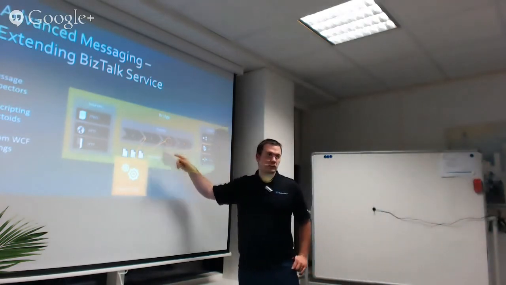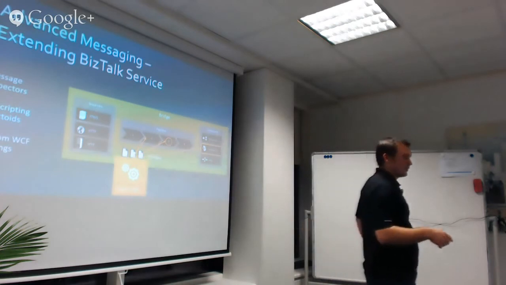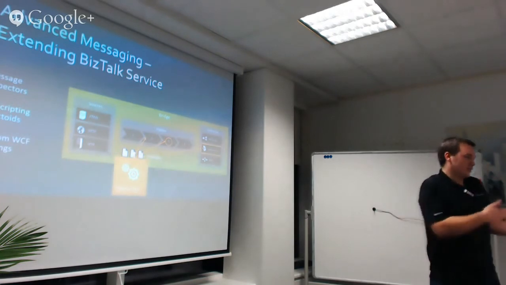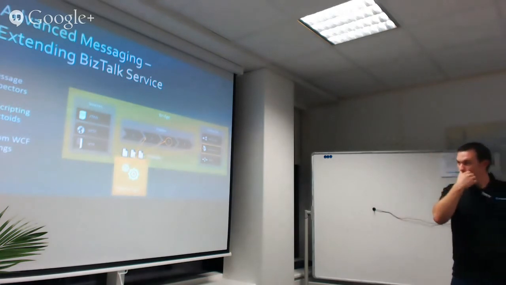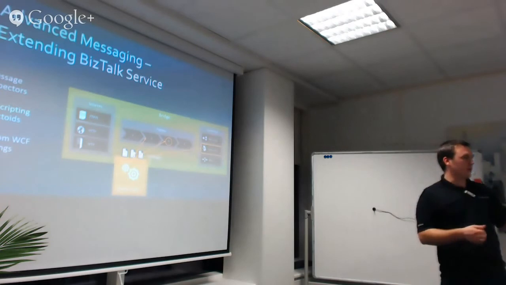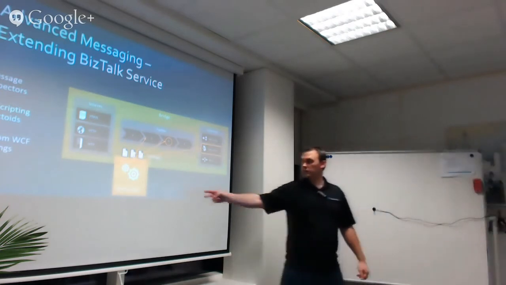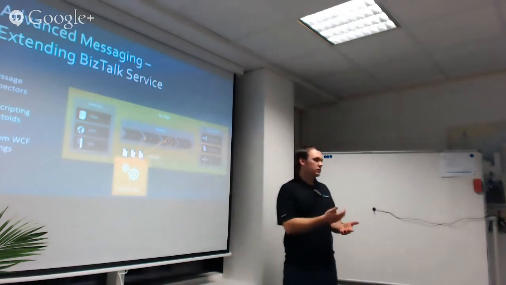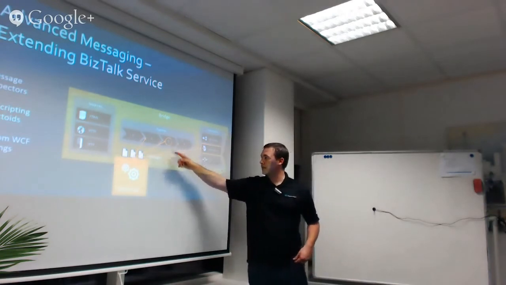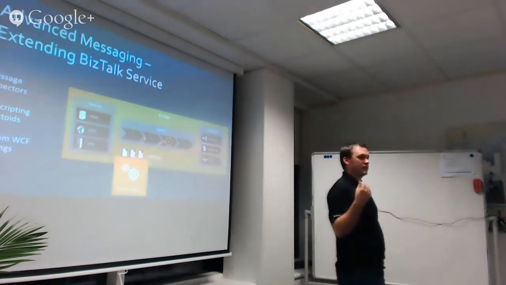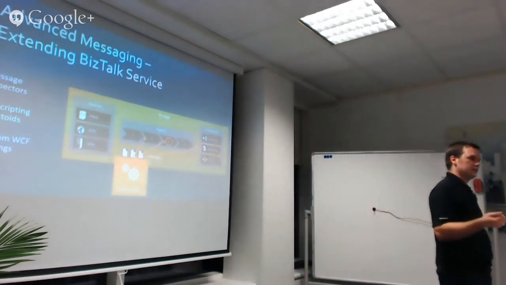Also in the transformations, you can write, and it's always a funny name if you don't know BizTalk, custom functoids. A functoid is like a function, but they call it a functoid. It's things that you can drag in your mapper. I will show it any minute. So you can write custom code to do specific things, and you can add them into your mapping. And then on the destinations, you can have custom destinations using WCF bindings.